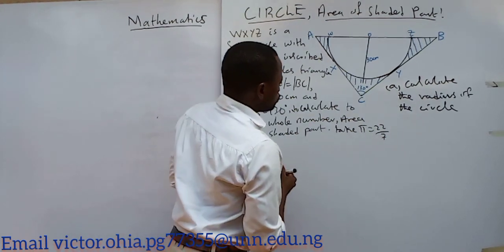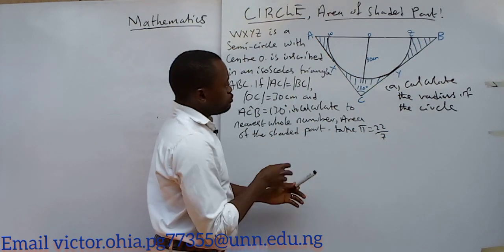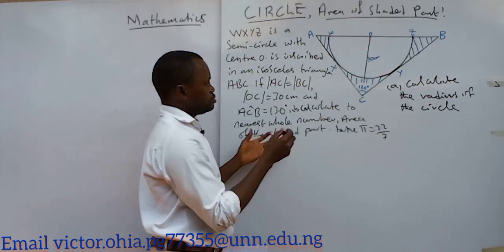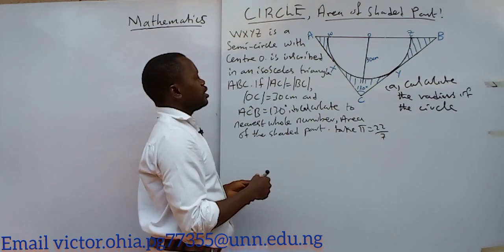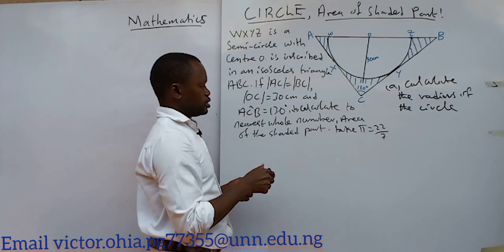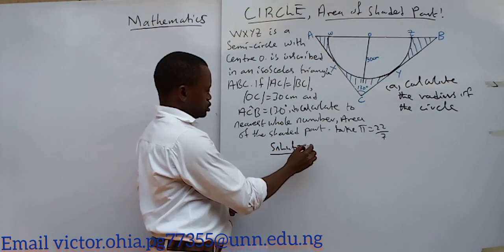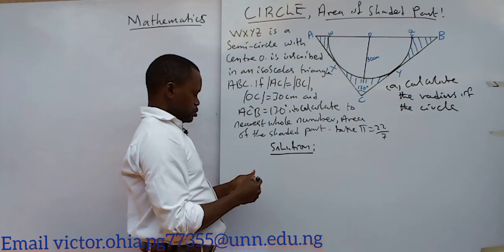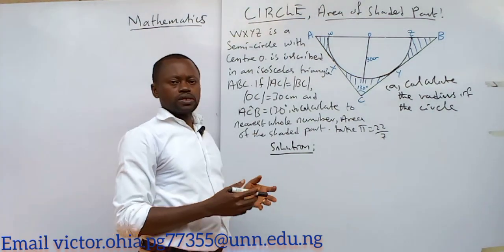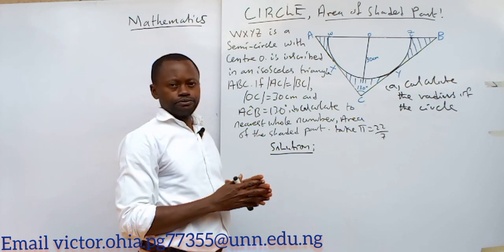Okay, so now if we want to calculate the first one that says the radius of the circle, how can one be able to do that? There are some things I'm going to bring up here, which in subsequent classes I am still going to show their proof.